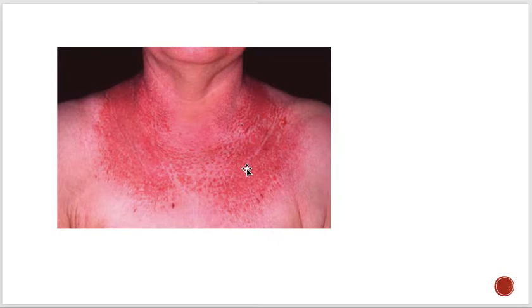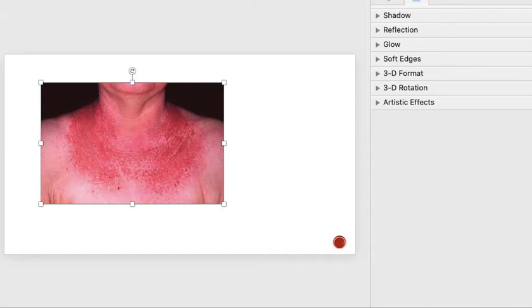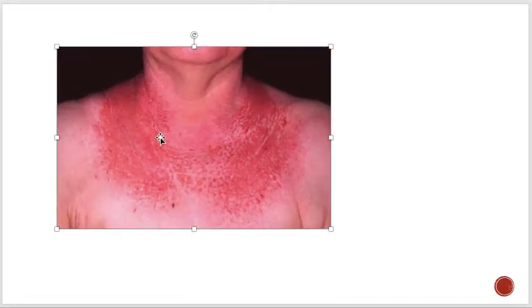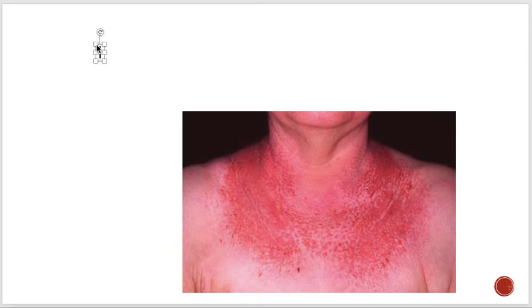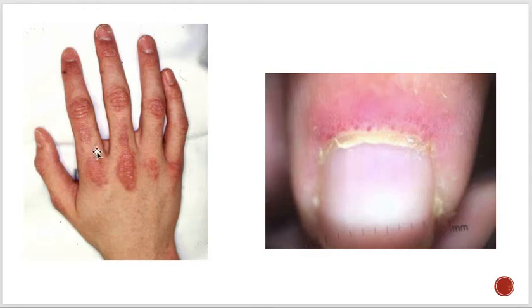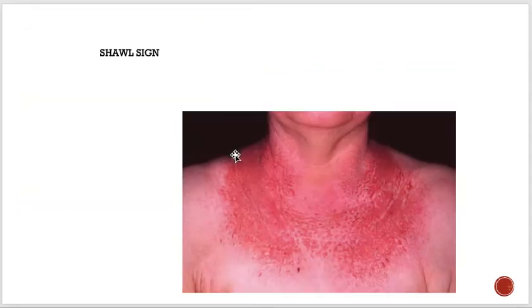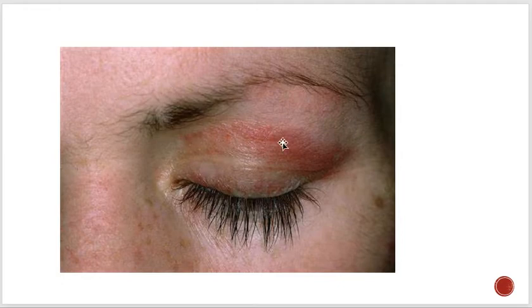Females take a shawl, because the rash distribution is like this, so we call it the shawl sign. It is an erythematous rash over the neck and upper chest and even shoulders. I can write it over here, Shawl sign. So this one is Gottron papules or Gottron sign, this one is shawl sign, and this one is heliotrope rash.